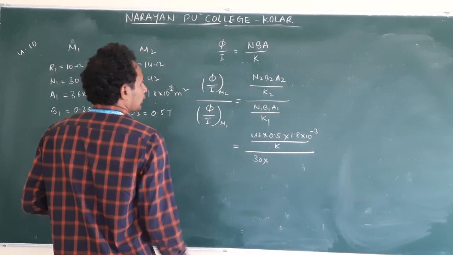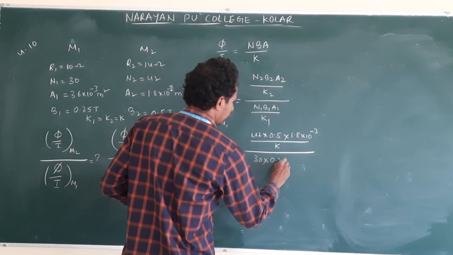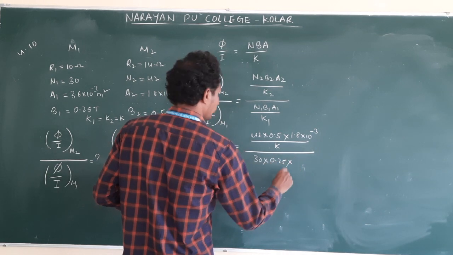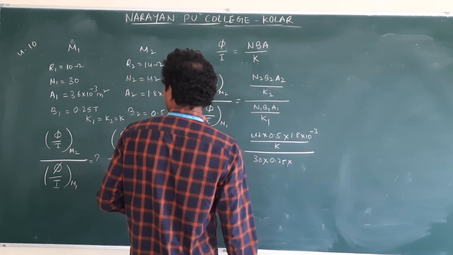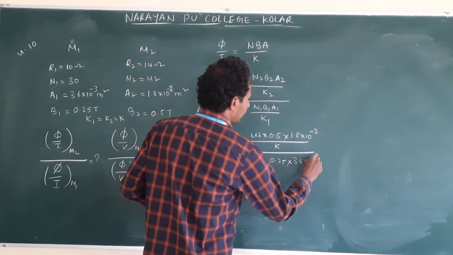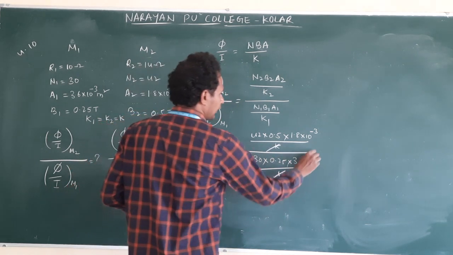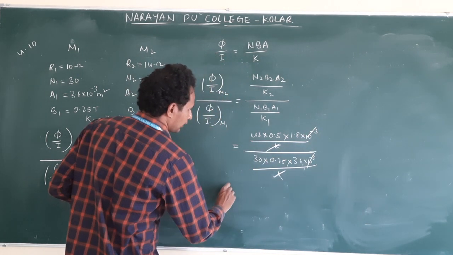Next B1, 0.25 into area A1, 3.6 into 10 power minus 3 by K. K cancels, 10 power minus 3, 10 power minus 3 cancel.